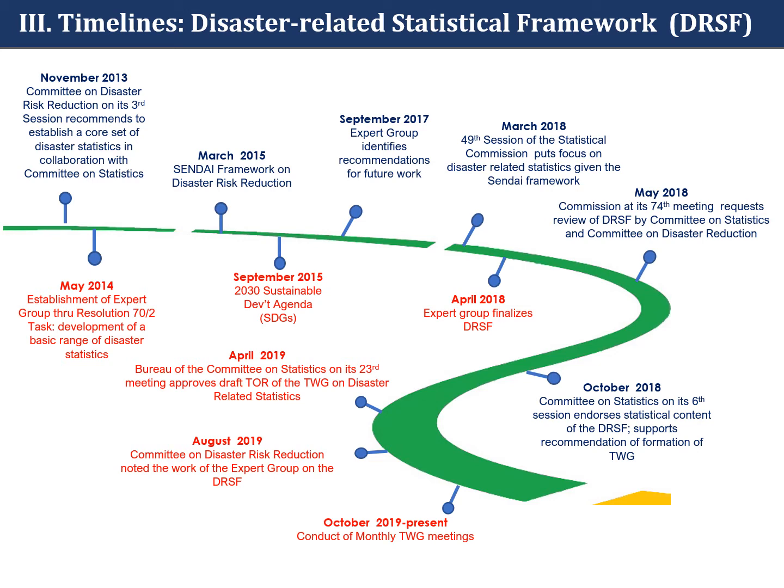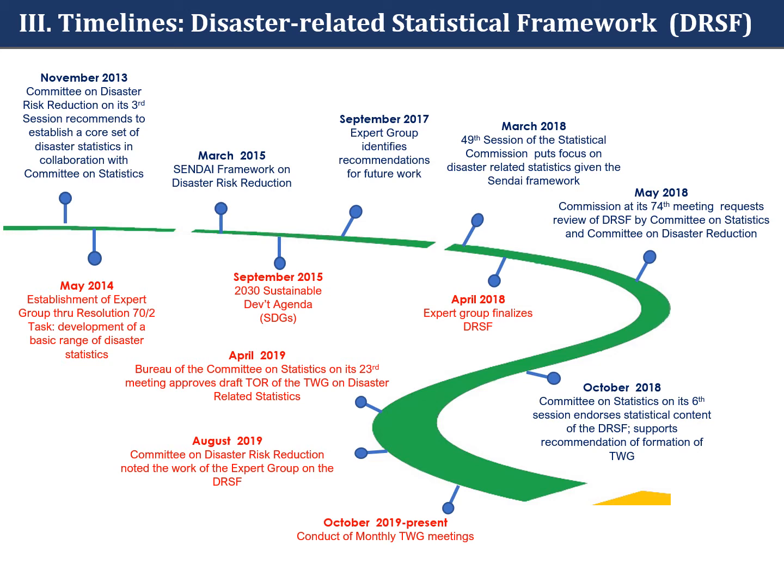On the timeline of the process of the development of the DRSF, I would just discuss the important milestones. It was in May 2014 that the expert group was established to develop the basic range of disaster-related statistics for the region.